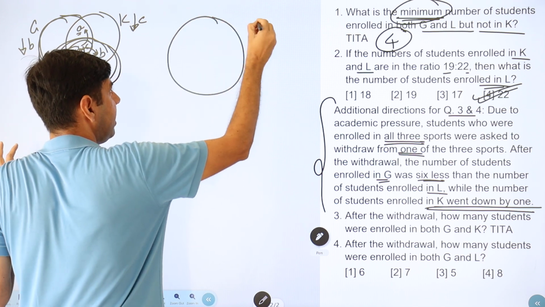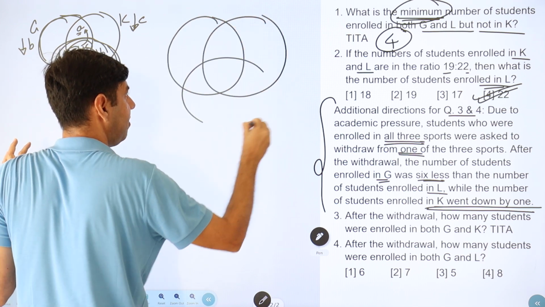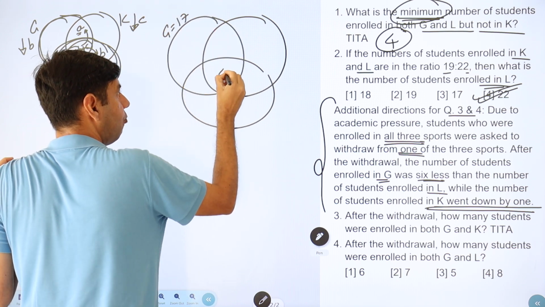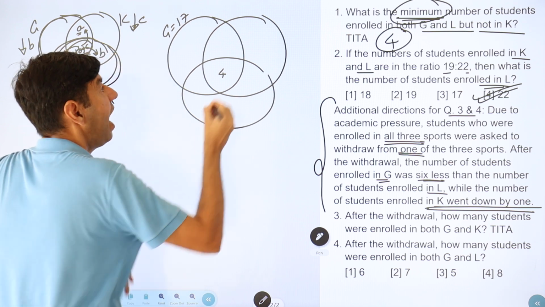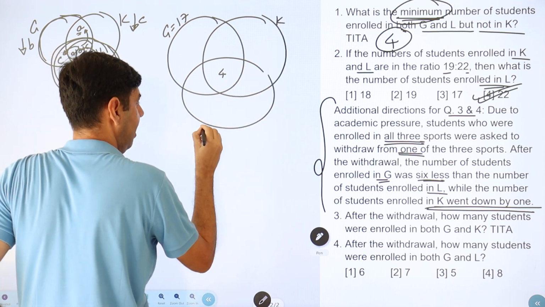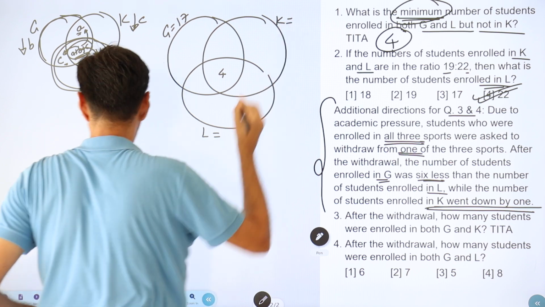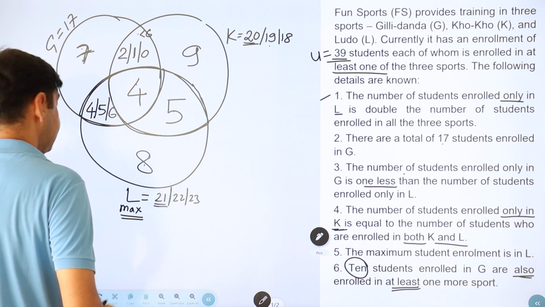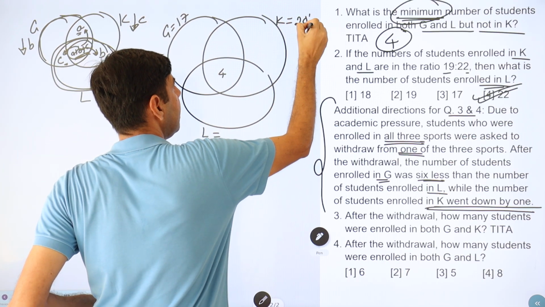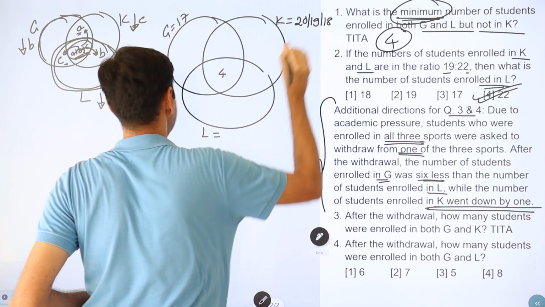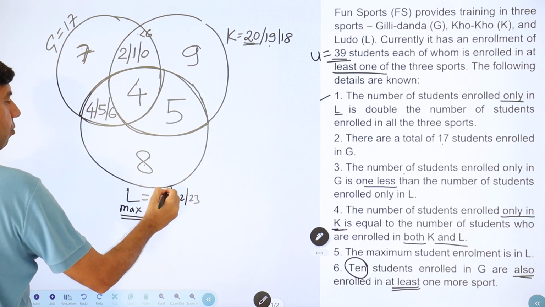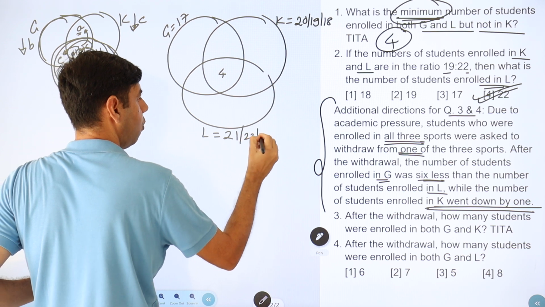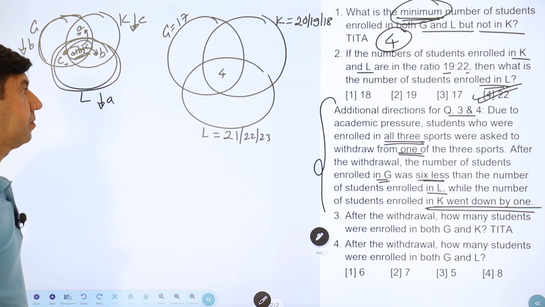We don't need all the details. So the previous one, if we had G, if you remember, G was 17. We had 4 people over here, and we had K and L. And to just get the numbers back, K could be 20, 19 or 18, and L could be 21, 22 or 23, right?